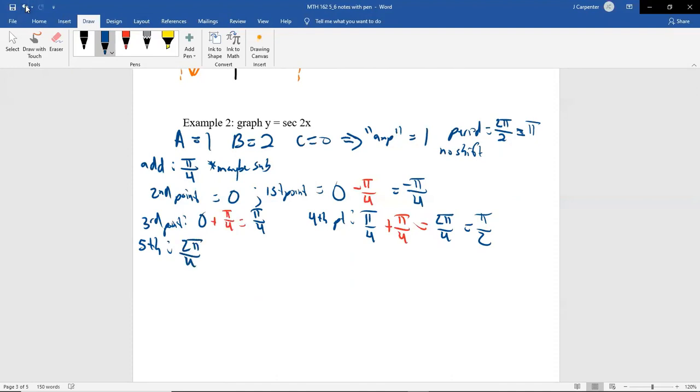So 2 pi over 4, then add the adding number, pi over 4, and that'll give you 3 pi over 4. Now, if you remember that little trick I gave you, it said that if you took the first point, which was the negative pi over 4, and added the period of pi, which is 4 pi over 4, negative 1 plus 4 is 3, you do get the fifth point. So everything lines up perfectly.